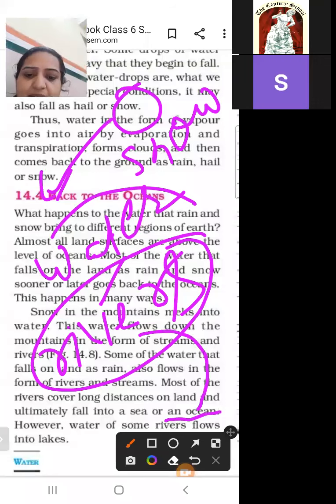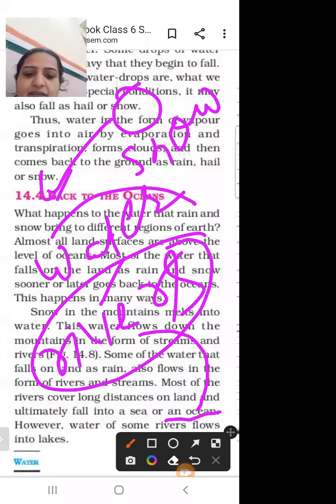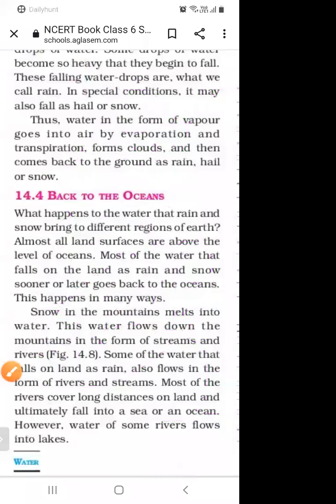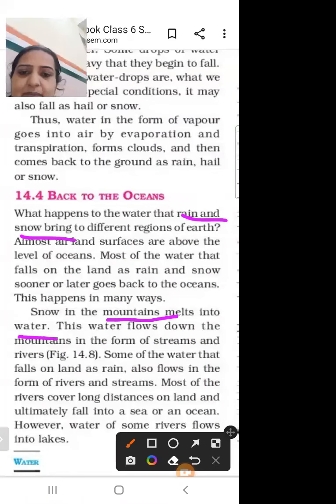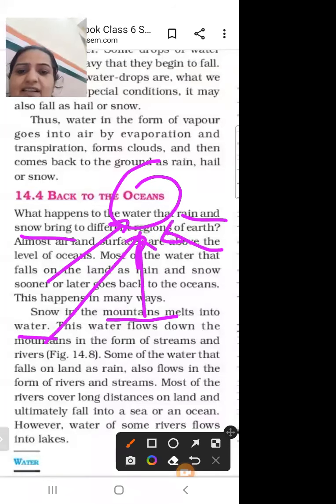You have to remember the rainwater, snow, and the water of the mountains, these ultimately go into the ocean. You have to remember all this water goes into the ocean.